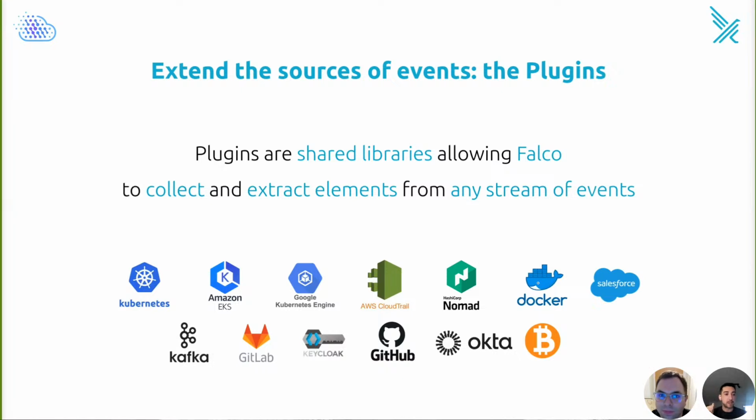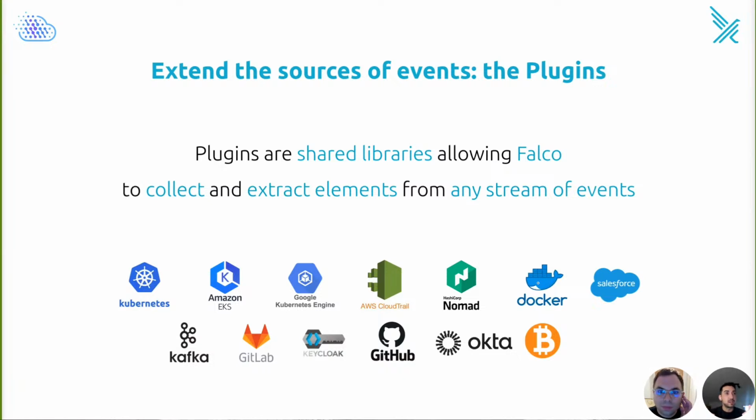We also have that for CloudTrail. We developed with HashiCorp a plugin for Nomad. We have Docker, which is basically a dummy plugin to explain how to develop a plugin. We have Salesforce, Kafka, GitLab, and also a guy met me at the last KubeCon EU in Paris, and he was really happy because he developed a plugin which replicates a remote syslog server.